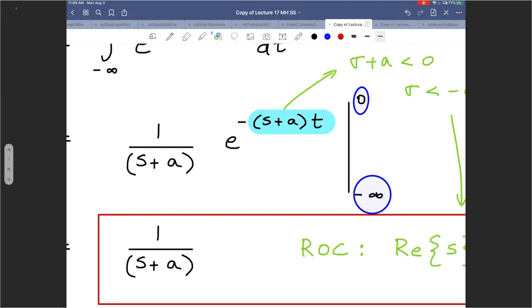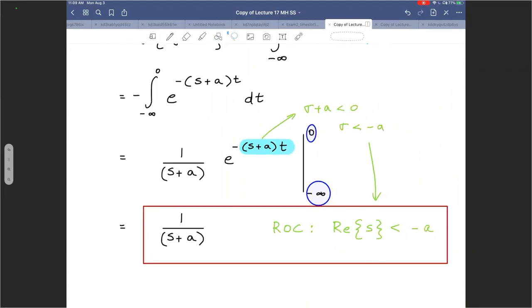That means I need s plus a to also be negative. If I want s plus a to be negative, then you have a negative there, negative there, negative there. Three negatives will make a negative. So you will have a smaller and a converging integral. s plus a needs to be negative. j omega doesn't matter, so sigma plus a needs to be negative. In other words, sigma should be less than negative a. So the real part of s should be less than negative a.